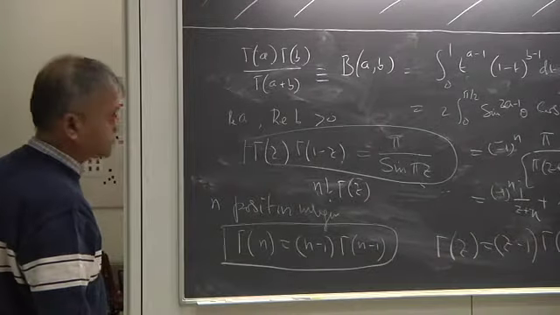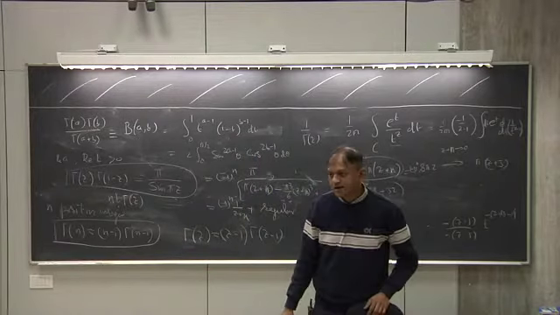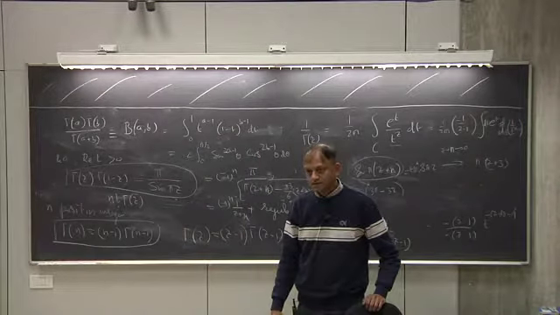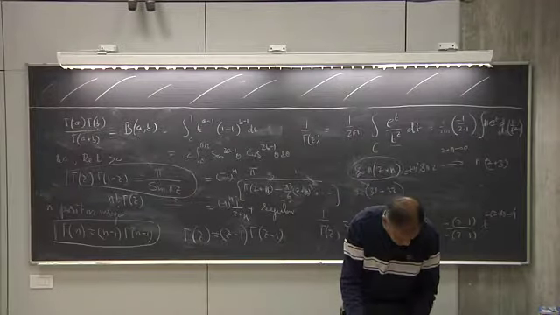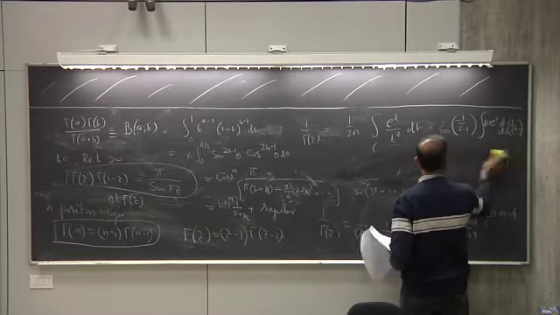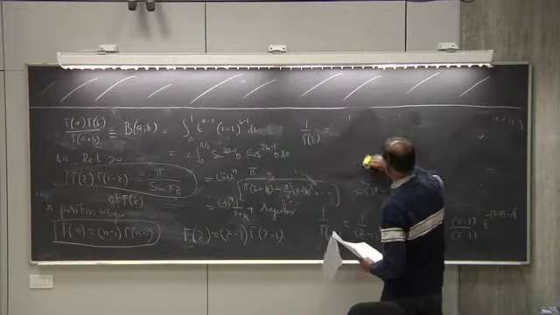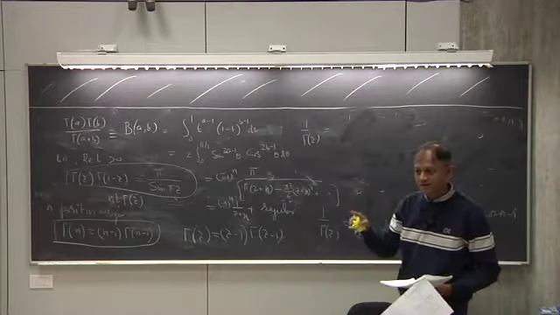Okay, so that was one thing. And finally, the last thing about the gamma function which was important was the Stirling formula. This formula we obtained by using the example which we worked out in the saddle point approximation, right?